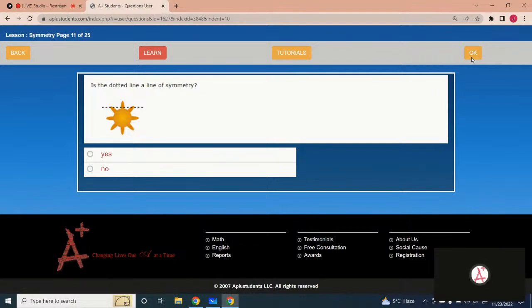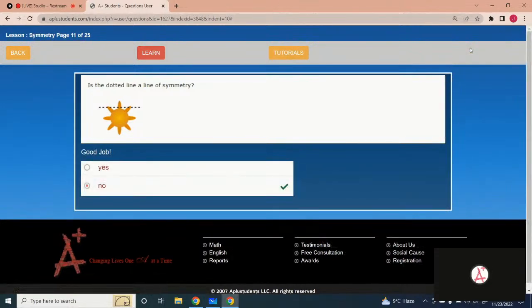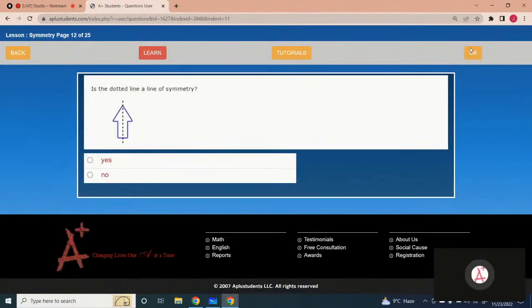The answer is no. Okay, so is the dotted line a line of symmetry? Yes or no? Yes, it is. The dotted line is a line of symmetry. The answer is yes.